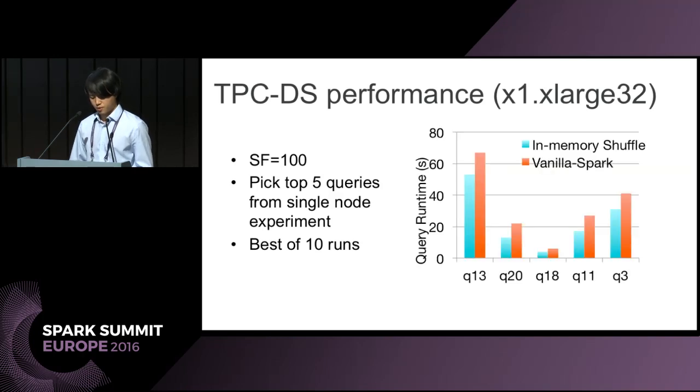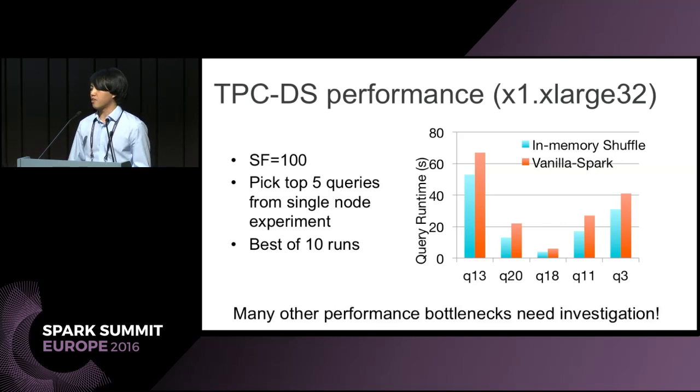This plots the results of the best of 10 runs, and shows that we still have some improvement, but compared to the single node, the improvement is much less. The hypothesis here is that there are many other performance bottlenecks when running Spark on this 128-core machine with one JVM, such as GC and thread imbalance, that slow things down.